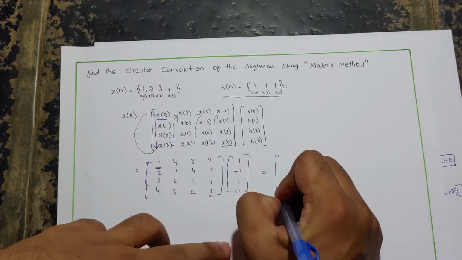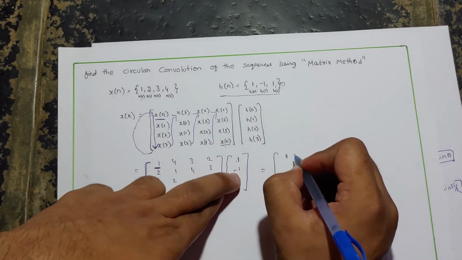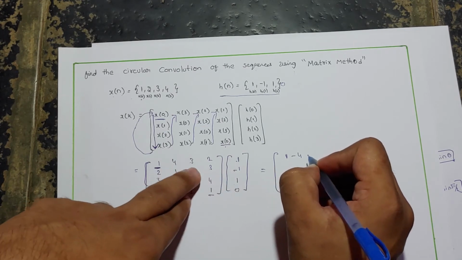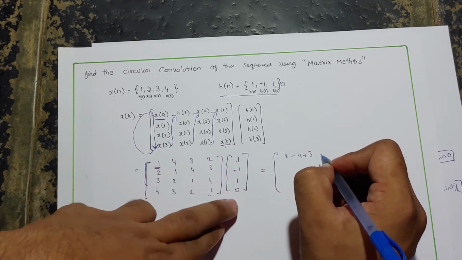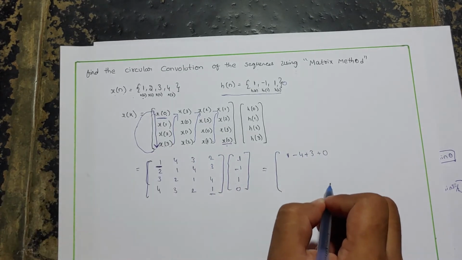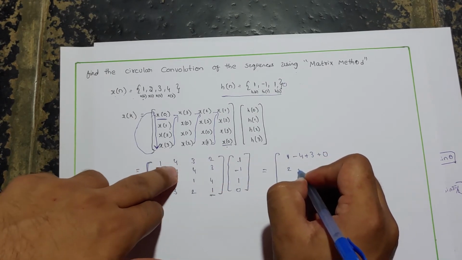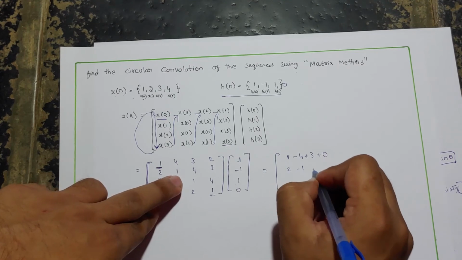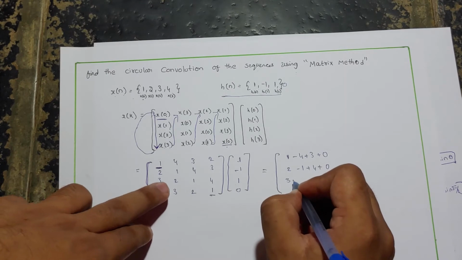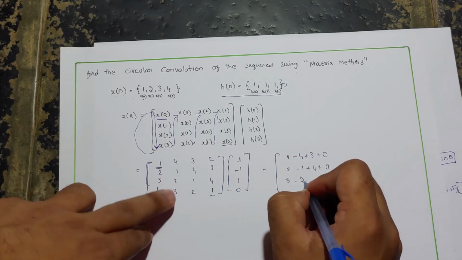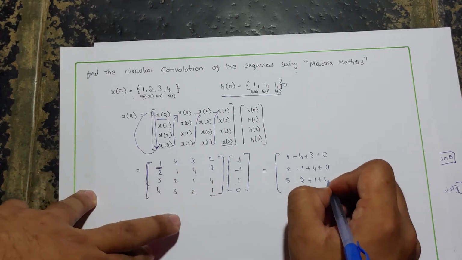Which is 1 into 1, which is 1, plus 4 into minus 1, which is minus 4, plus 3 into 1, which is 3, plus 2 into 0, which is 0, and continue the same. 2 into 1, 2, 1 into minus 1, minus 1, plus 4, plus 0, 3 into 1, 3, 2 into minus 1, minus 2, 1 into 1, 1, 4 into 0, which is 0.